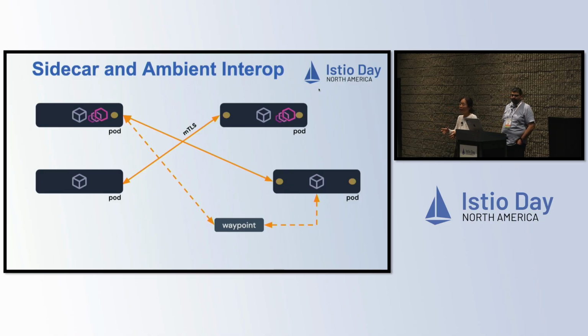However, if you have layer 7 functionality you need to enforce, and your client is a sidecar while your destination on the server side is in ambient, the client doesn't realize the destination has a waypoint. So right now, it won't work very nicely. In Ahmad's case, it works okay because he was able to tolerate it.